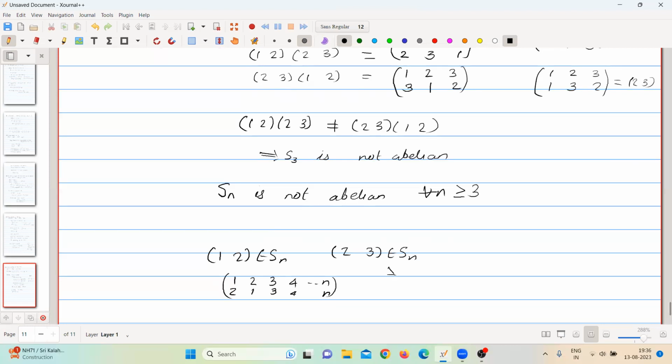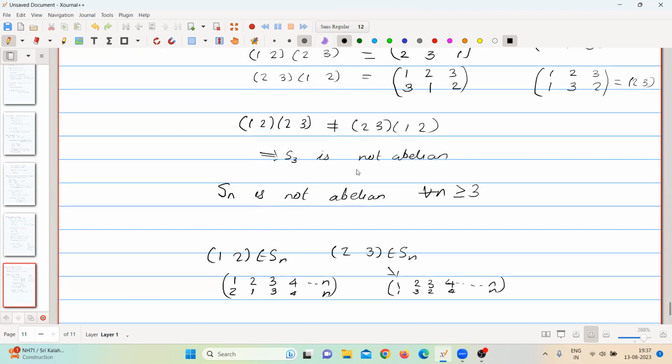In the same way, 2 goes to 3, 3 goes to 2, 1 goes to 1, 4 to 4, and so on up to n to n. So we can take (1 2) and (2 3) as elements of Sn, and prove in the same way that (1 2)(2 3) is not the same as (2 3)(1 2).